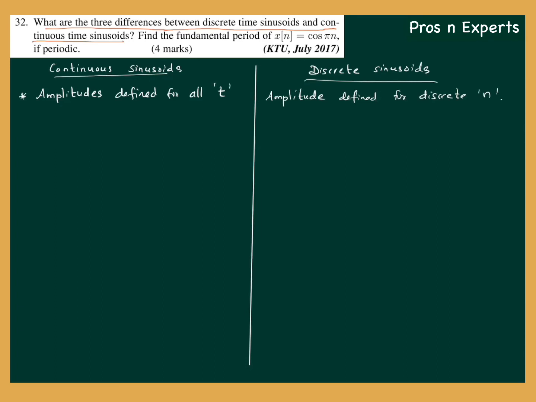Then the second point is a continuation of the first point. In continuous time sinusoids the time axis is denoted in t, but in discrete time sinusoids the time axis is in n.